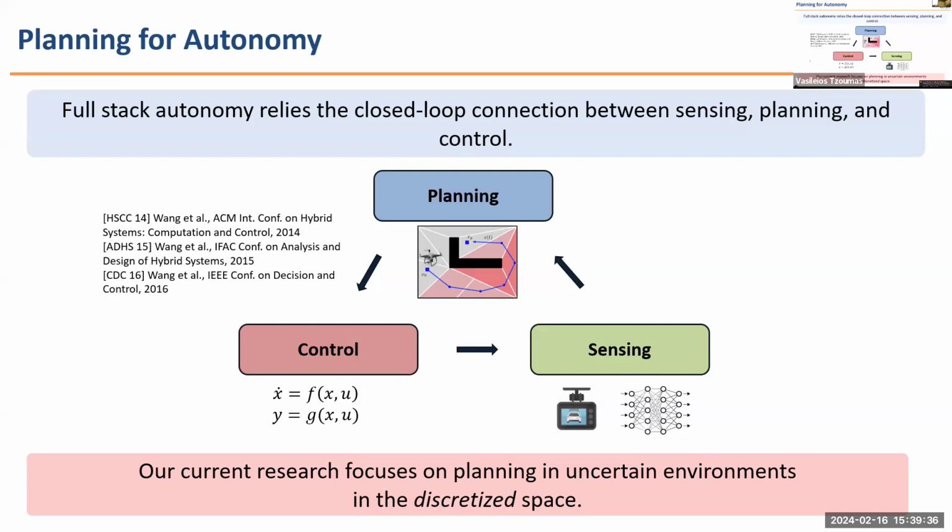But in our research in this talk, we are following this paradigm of discretization. We are still doing the planning over discrete states. I think there are very recent planning methods that directly handle continuous dynamics, based on model predictive control and so on, but we will not move to that domain yet, and we'll look at these discrete control problems.